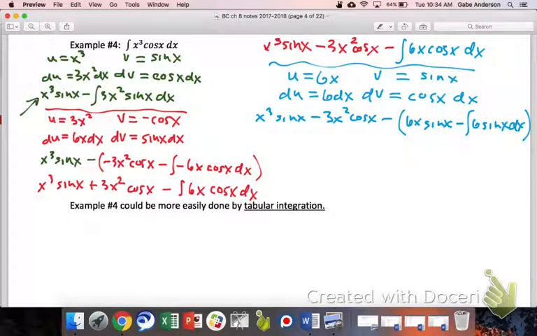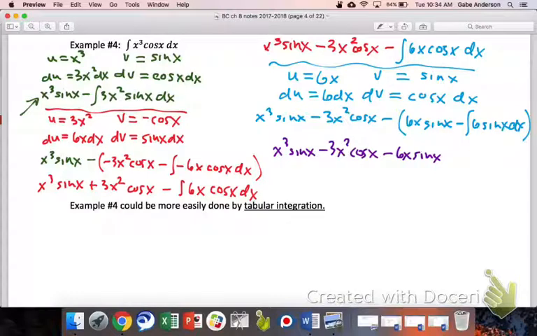There we go. And so now we can just finish this off. So I think I can go straight to a final answer here. My final answer in the end is going to be x cubed sine of x minus 3x squared cosine of x. That minus sign will get distributed, so it's going to be minus 6x sine of x.